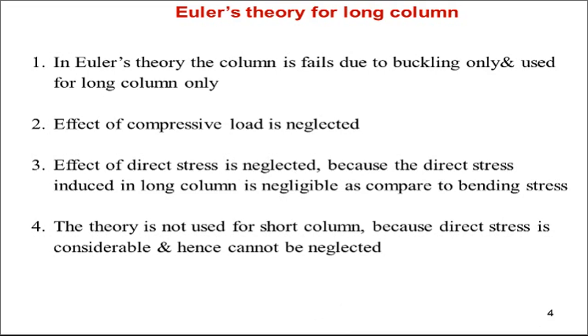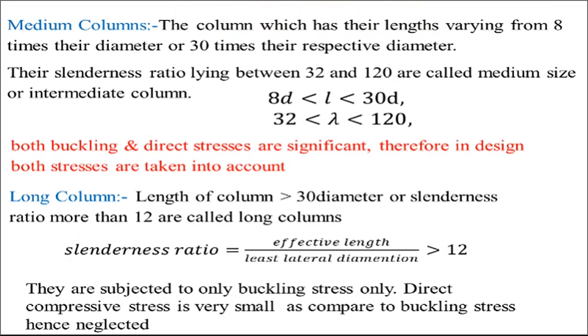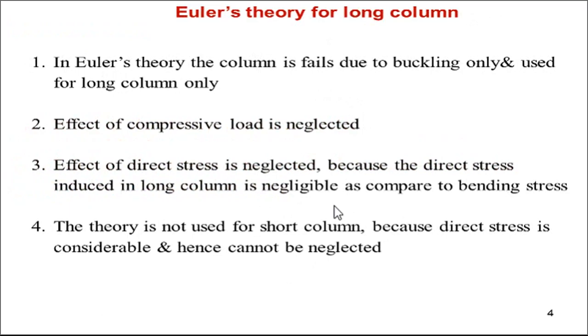Specifically, Euler's theory is used for long columns when only bending or buckling stresses are predominant, or we can say the column is subjected to buckling stresses only, and comparatively the compressive stresses are very small. In Euler's theory, the long column fails due to buckling only.